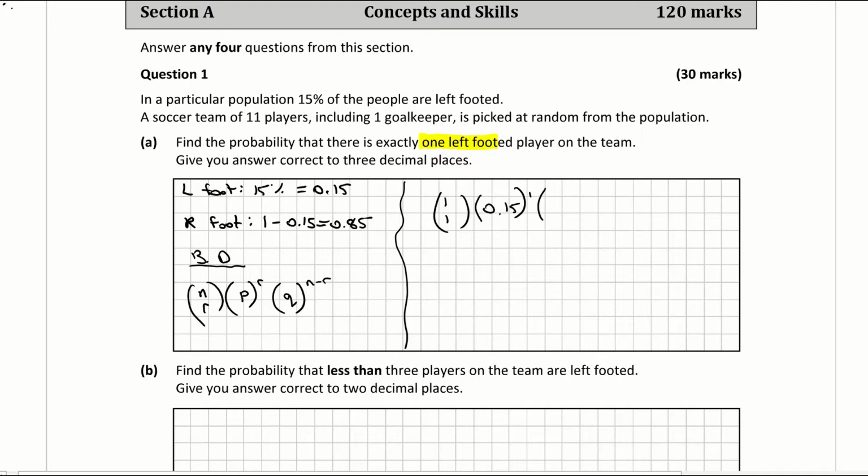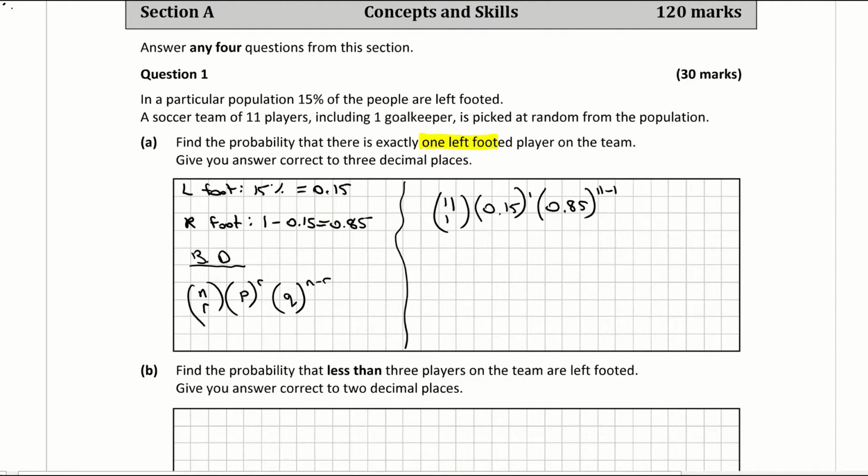I'm multiplying that by the probability of failure, being right-footed, which is 0.85. Sorry, my n is 11, I have 11 players on the team, not 1. So it's 11 choose 1, and I'm multiplying by 0.85 to the power of n minus r, which is 11 minus 1, to the power of 10.